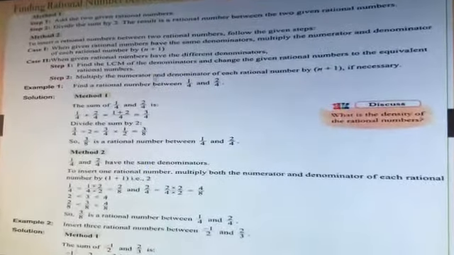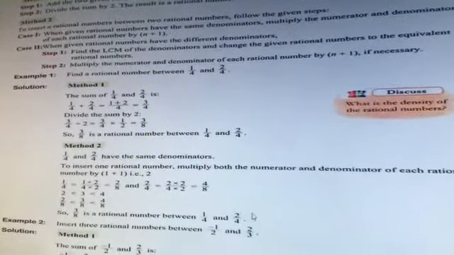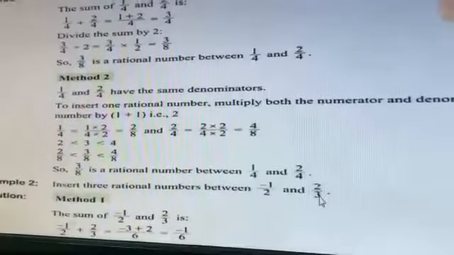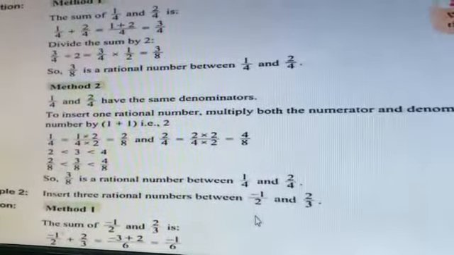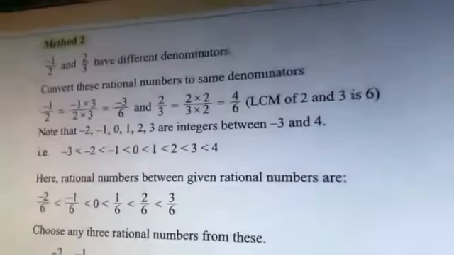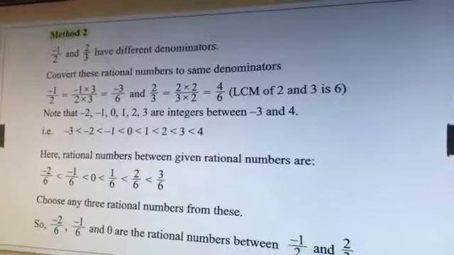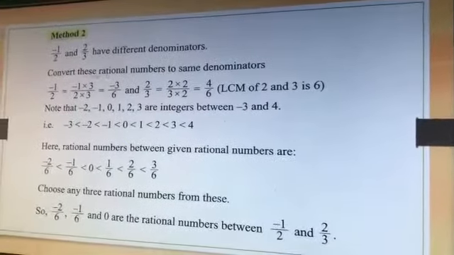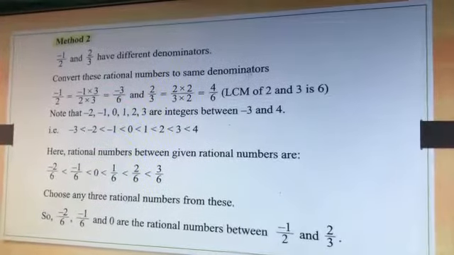So here different denominators: minus 1 by 2 and 2 by 3, and here we insert 3 rational numbers. First we convert the rational numbers to the same denominator.